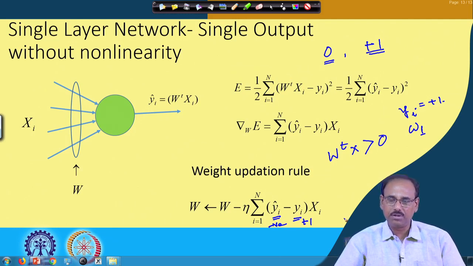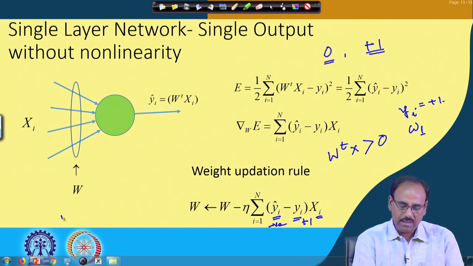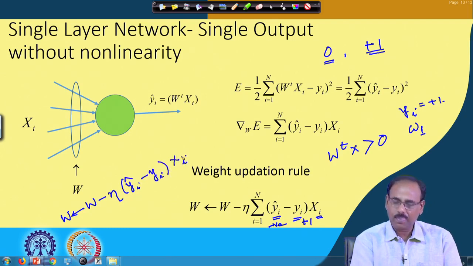So, we have talked about batch optimization, mini batch optimization and stochastic optimization. So, if I consider only xi, that becomes a stochastic optimization procedure, and then our weight updation rule will be simply W gets W minus eta times yi hat minus yi times xi.